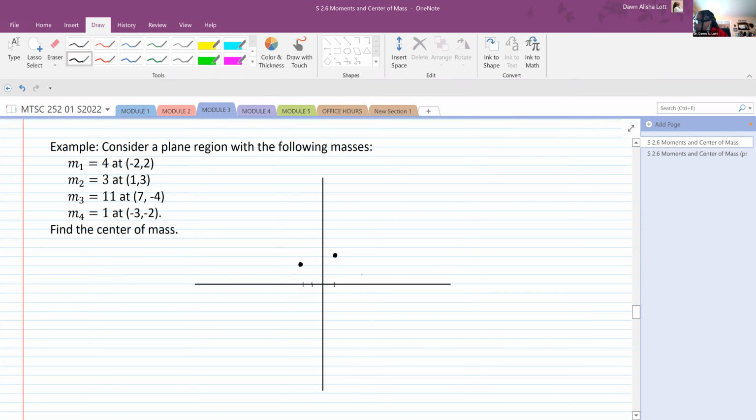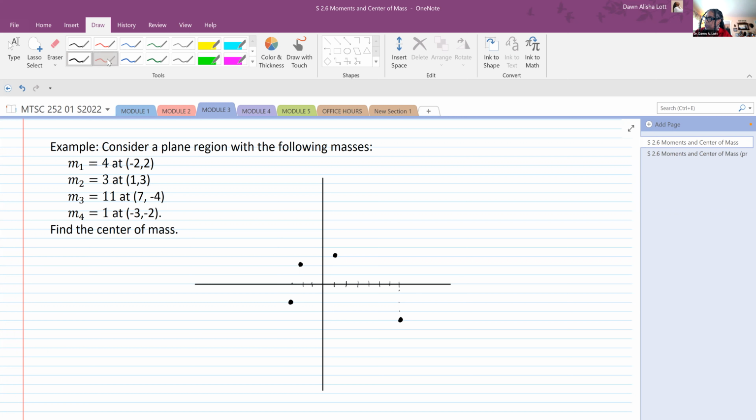At 7, -4, I apologize, I didn't pay attention. I knew something was wrong. At 7, -4, there's a mass of 11, and at the point -3, -2, we have a mass.